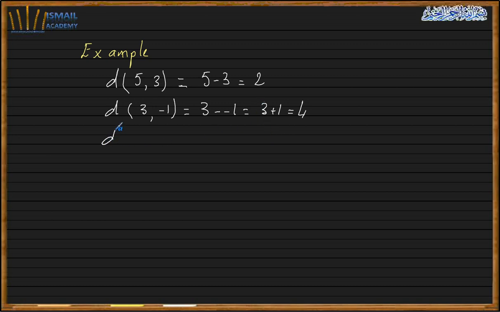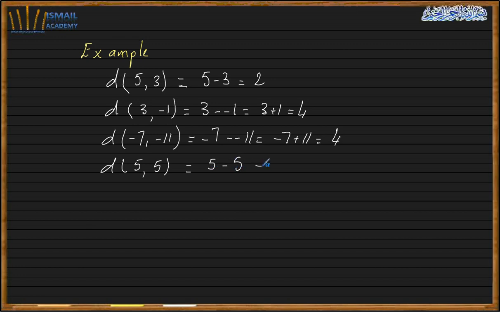The distance between -7 and -11 is -7, because it's the greatest, minus -11. So it's going to be -7 plus 11, which is 4. The distance between 5 and 5 is 5 minus 5, which is 0, because the same number is not far from itself. It's in the same location.